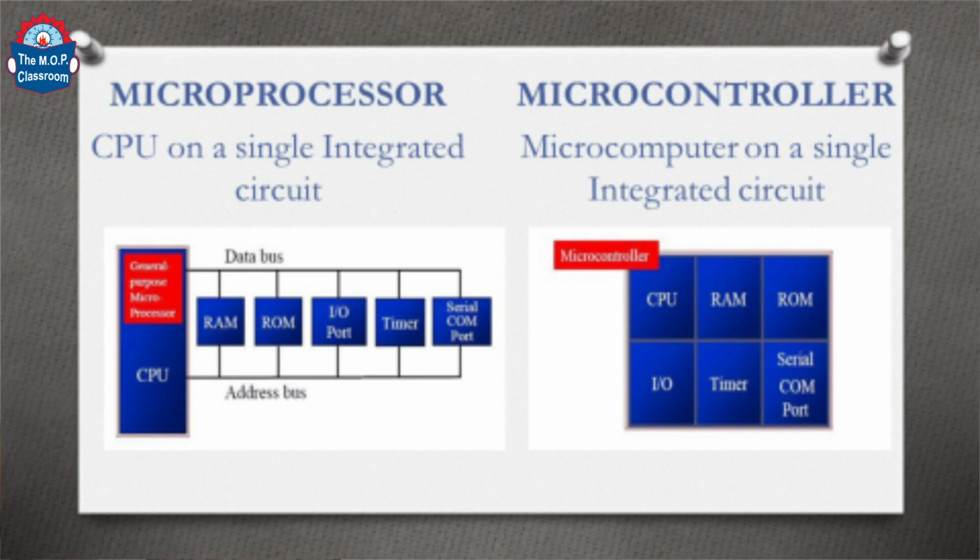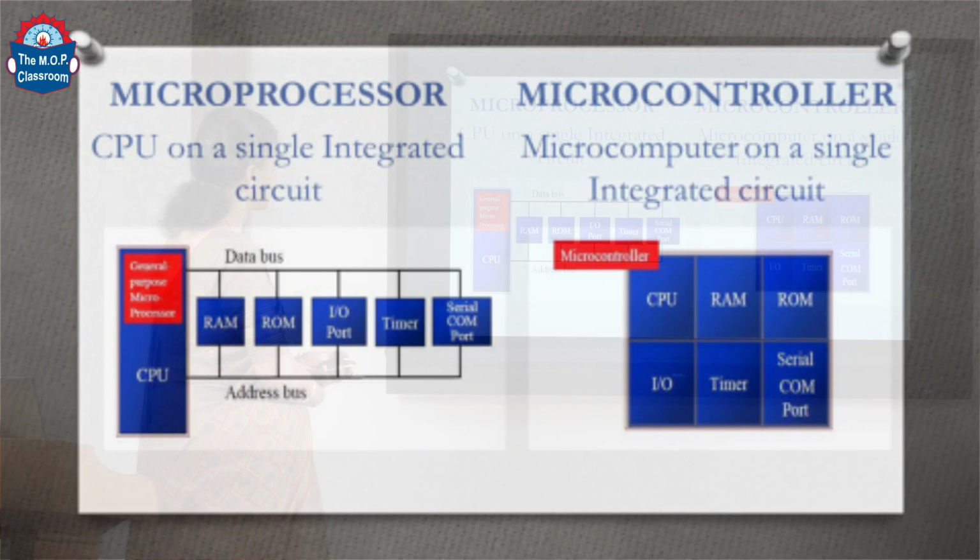All other peripheral devices like RAM, ROM, I/O ports and timer are outside the IC. Whereas, in a microcontroller, everything, CPU, RAM, ROM, I/O, timers, serial COM port, is packed in a single IC. So, that is the advantage.